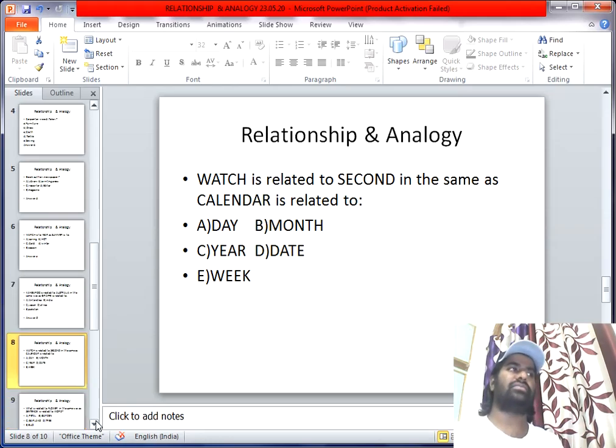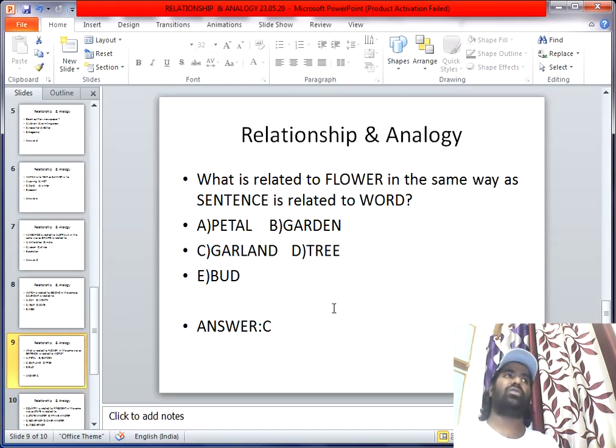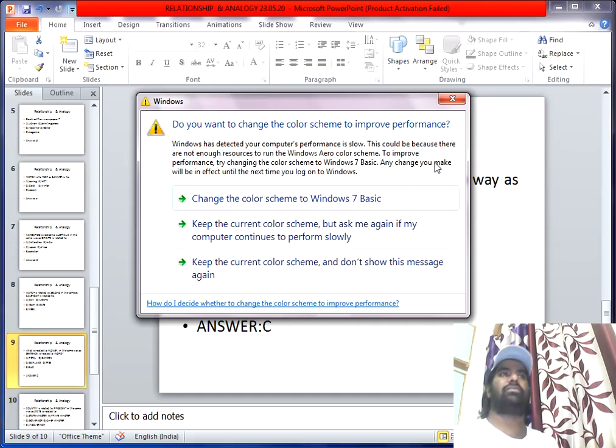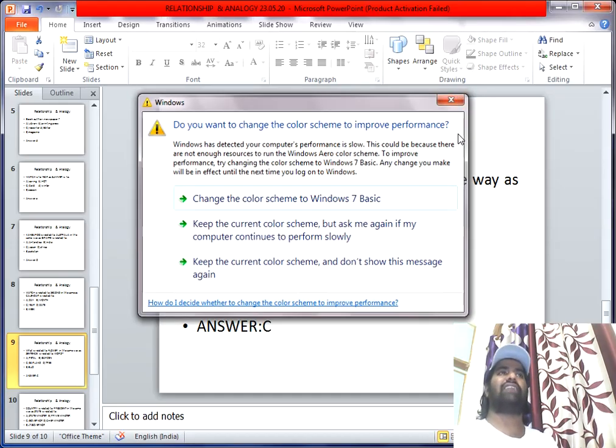So the next one is, what is related to flower in the same way as sentence is related to what. This is a pattern, right? This is why I chose this as one of the questions, because the pattern has changed. Starting out, you used to get the relationship, right? What if they have asked it in a passive way?